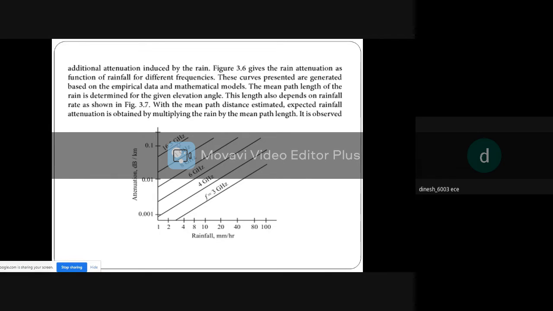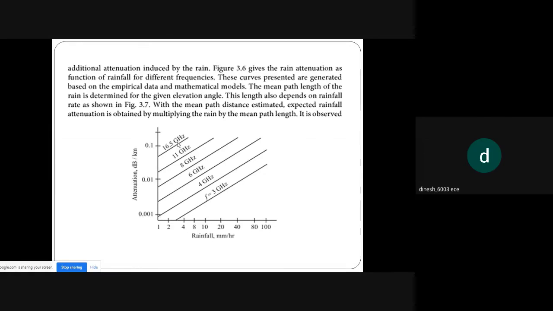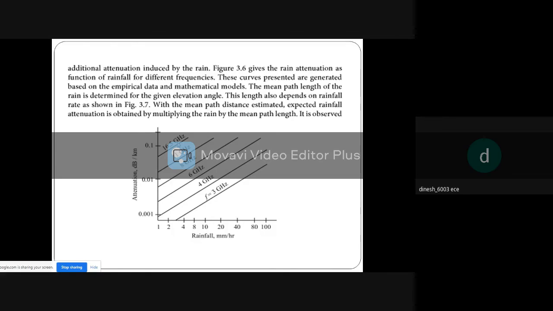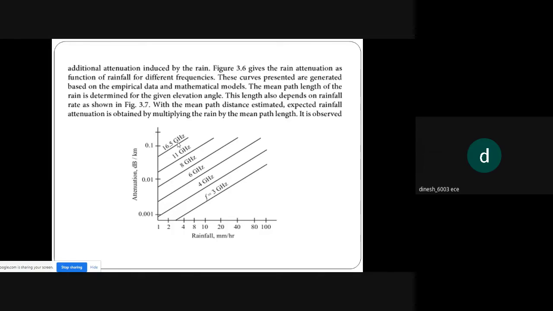Per kilometer is added. So if the distance to the satellite is 36,000 kilometer, then 36,000 into 0.001 decibels for 36,000 kilometer at a frequency of 3 gigahertz would be your attenuation due to rain.